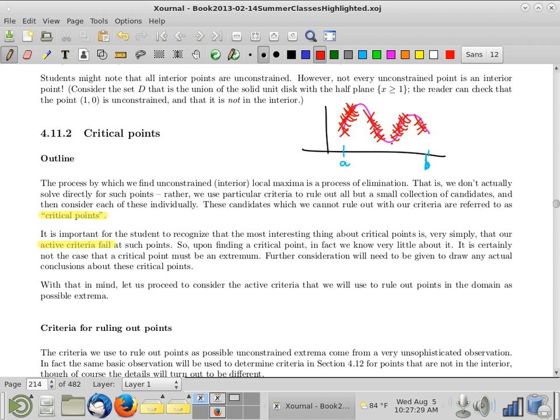So what remains are points where in reality I have no idea what's going on. So when you take the derivative and set it equal to 0, what you are doing is finding points where you have no idea what's going on. You're not really finding maxima. You're finding failure. You're finding failure to draw a conclusion.